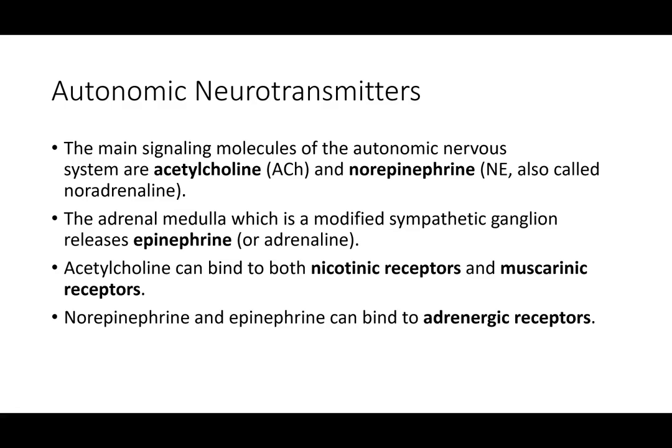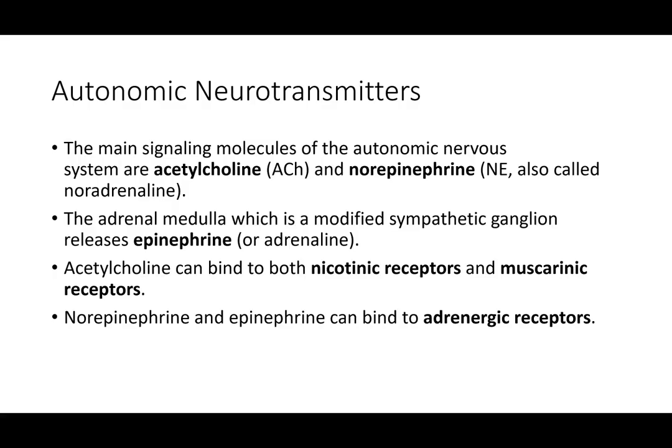Acetylcholine can bind to a couple of different types of receptors. This is similar to a master key. I have master keys for a lot of different labs on campus, and it's one key that can go to a bunch of different locks. In this case, acetylcholine can bind to nicotinic and muscarinic receptors.